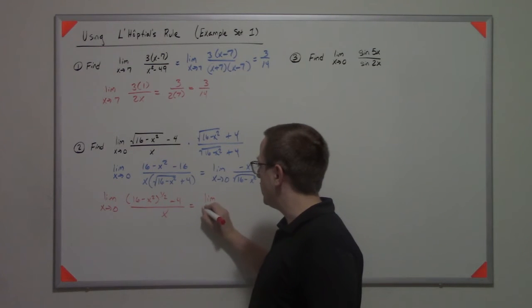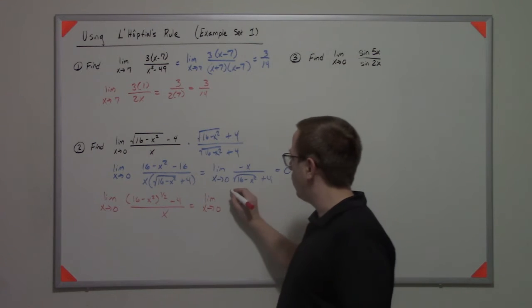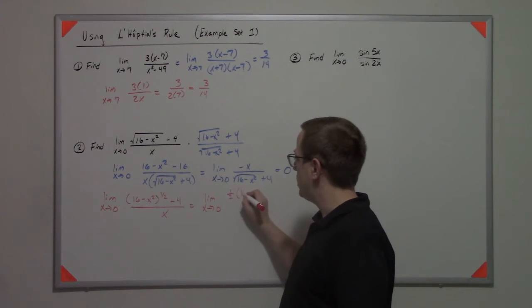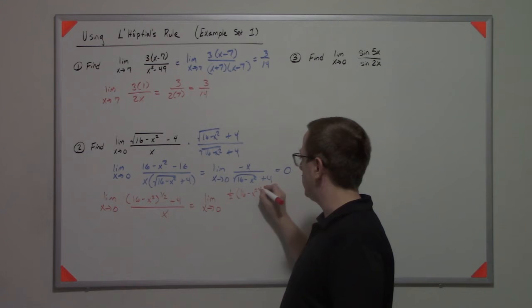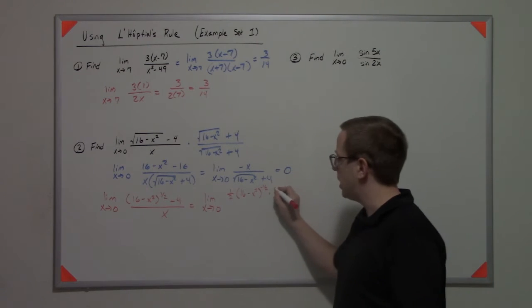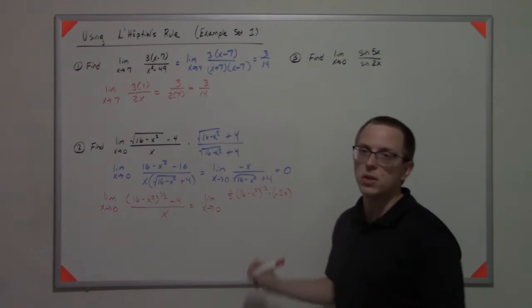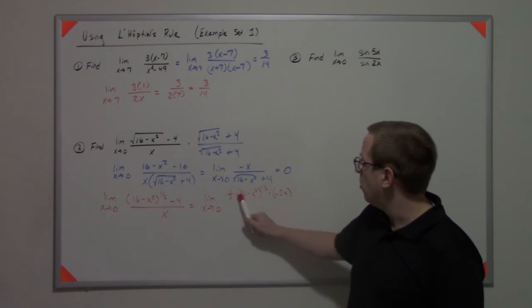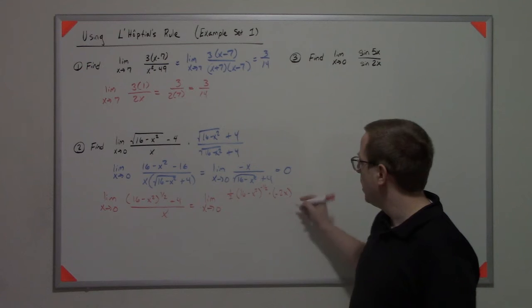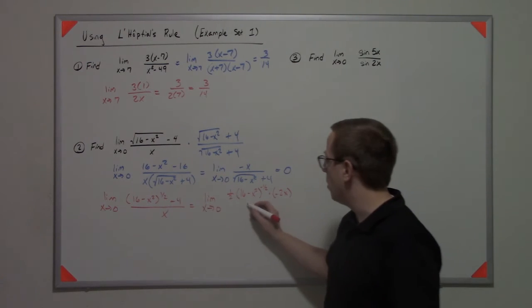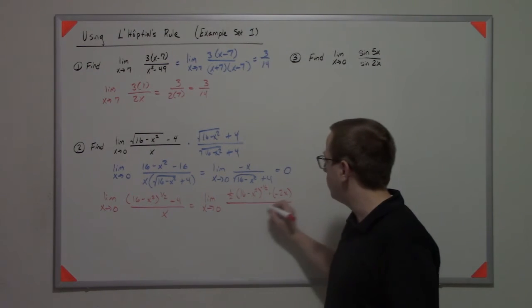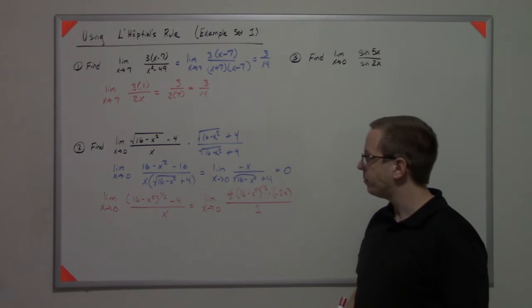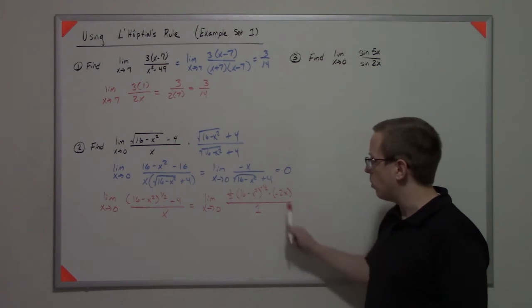That's the limit as x goes to 0 of 1/2 times 16 minus x squared to the negative 1/2 times negative 2x. That's all chain rule, right? We bring down the power, subtract 1 from the power, multiply by the derivative here. The derivative of negative 4 is 0. And then on bottom, we just have a 1. So that really just kind of goes away.